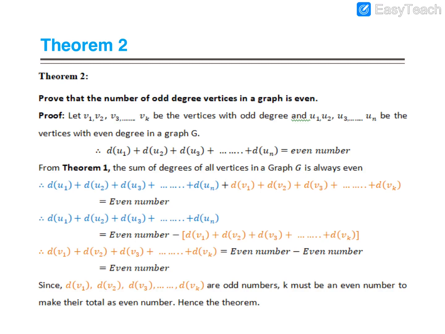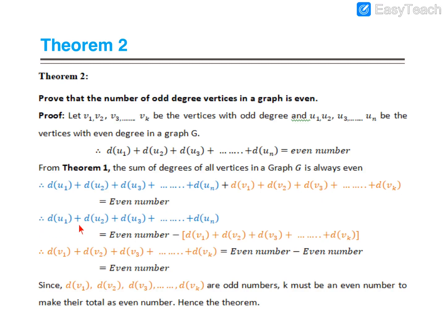That means the vertices of graph G are V1, V2, V3 up to Vk and U1, U2, U3 up to Un. Therefore, the sum of degrees of all these vertices, degree of U1 plus degree of U2 plus up to degree of Un plus degree of V1 plus degree of V2 plus up to degree of Vk, is equal to an even number because of theorem number 1.